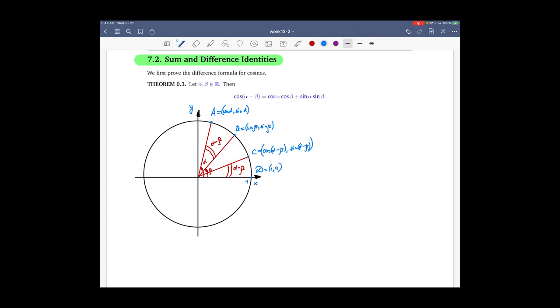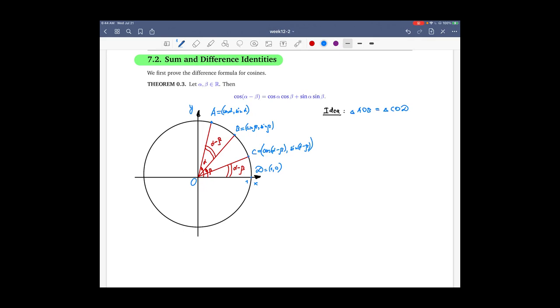So the idea behind this computation is the following. Note that triangles AOB and COD are equal. Why is that?